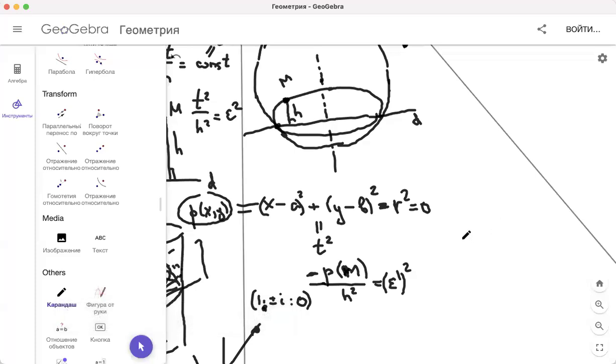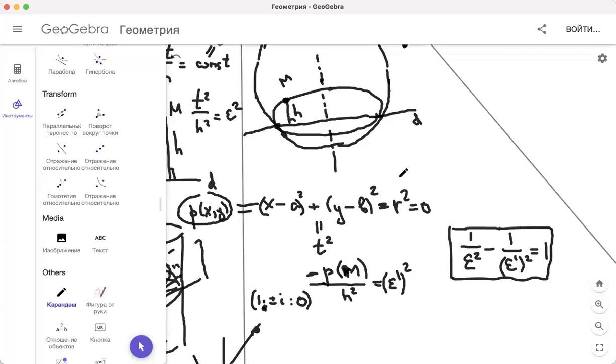If you consider an ellipse, so the following relation.